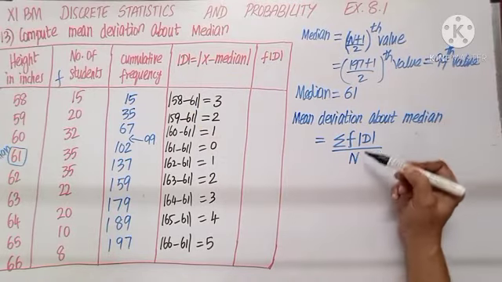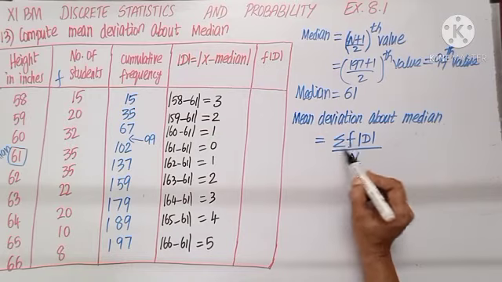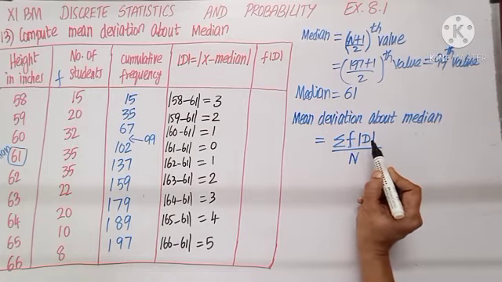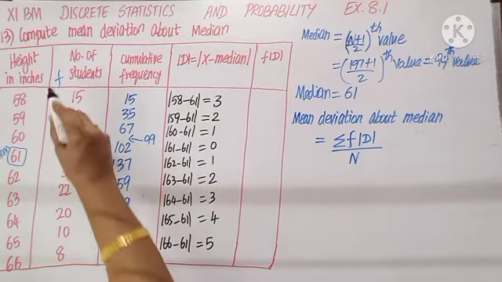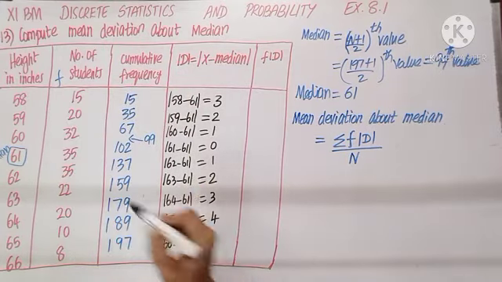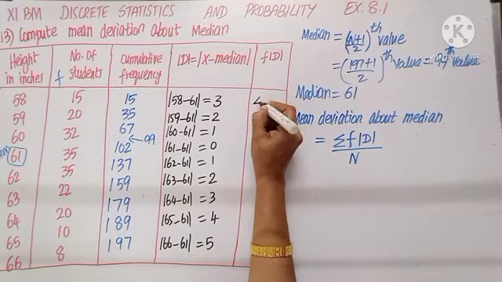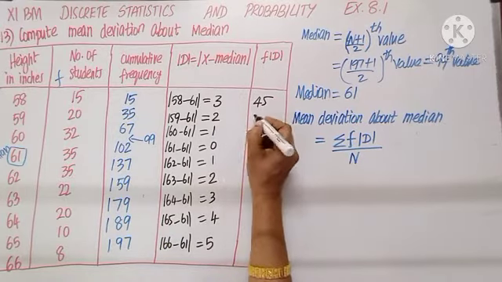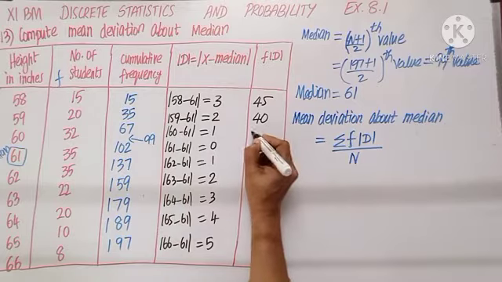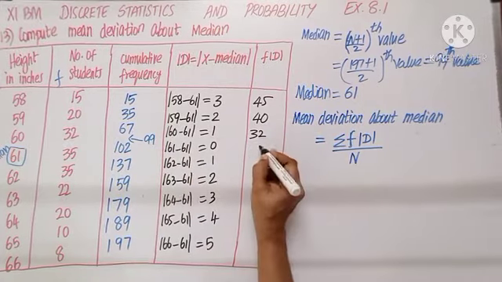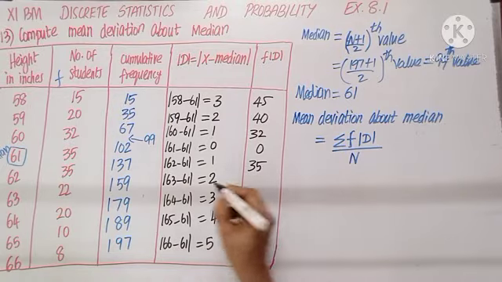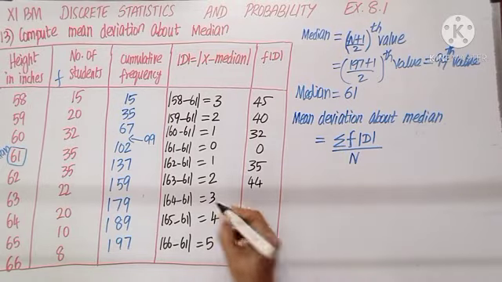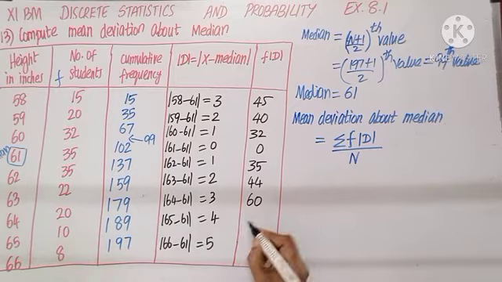Now, to substitute in the formula, I need sigma f into modulus of D. So, modulus of D multiplied with f. F into modulus of D: 15 into 3, 45. 20 into 2, 32 into 1, 35 into 0, 35 into 1, 22 into 2, 20 into 3, 10 into 4, 8 into 5.